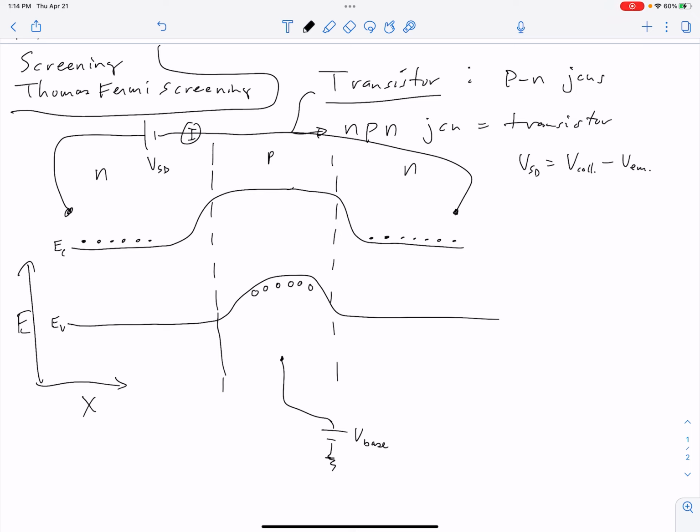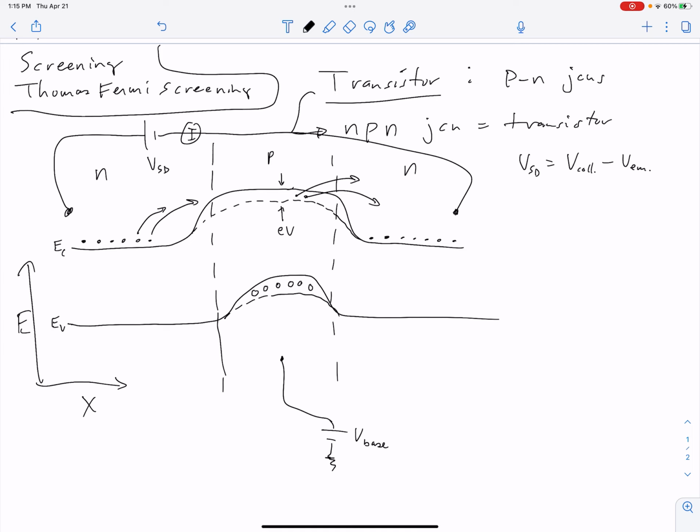Then you just want to know, how much current do I get for a given source drain voltage? And here's the deal: if I put a bigger voltage on the base, then I'm pulling this down, remember? This amount down is E times V. So if I increase the base, these electrons can jump more easily into this region, and once they're in this region, they can move very easily down to here.